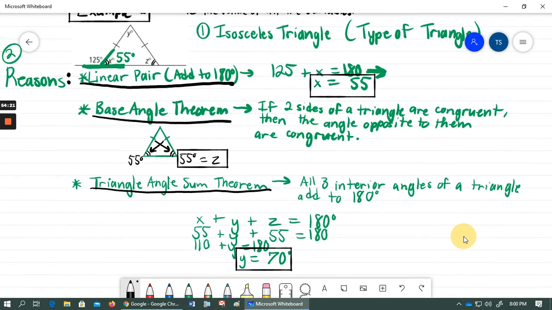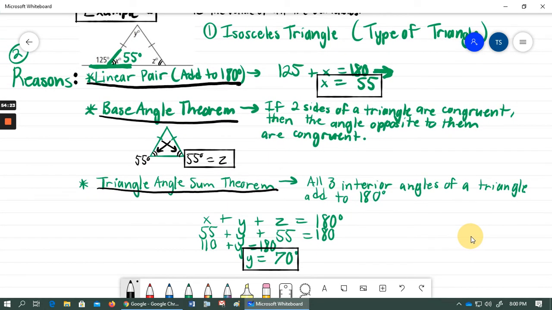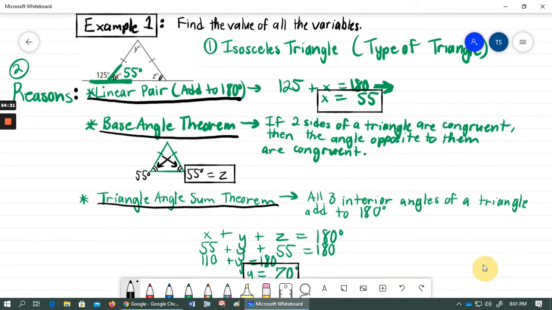Of course, if it is equilateral, then you don't have to say that it's isosceles, because we know that an equilateral triangle is a type of isosceles triangle. Anyway, folks, that's the first example. After you state what type of triangle it is, like I've done here, isosceles triangle, make sure that you state the reasons for how you're figuring out those parts.